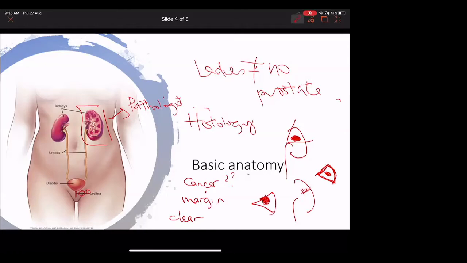It means you might have a bit left over here in the kidney that you fixed up. Make sense, right? So margins clear, margins negative, same thing. Margins positive is never a good thing, because if margins are positive relative to the segment that came out, it means that at the edge, there was some evidence of cancer there.